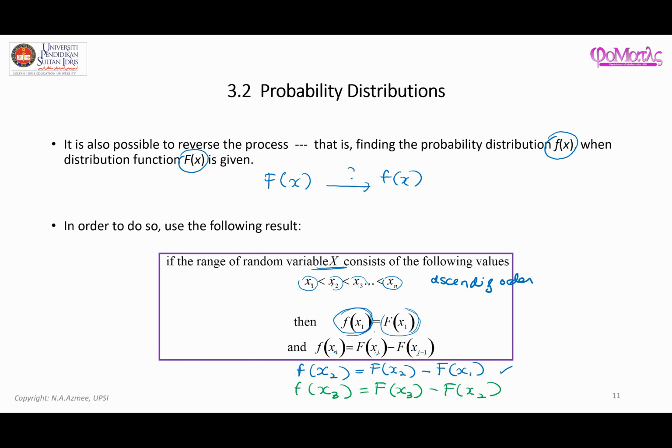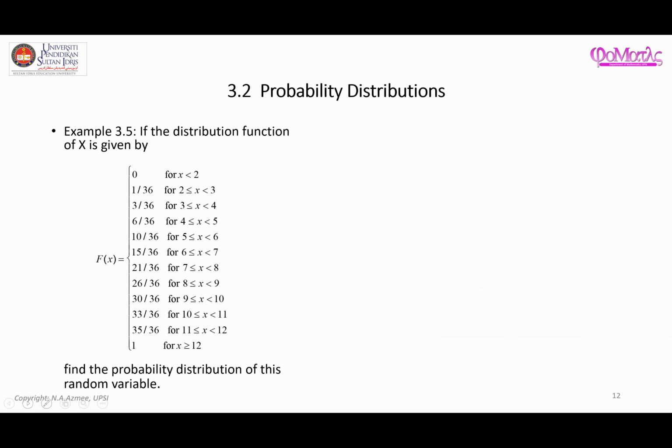Perhaps this statement is better illustrated if we look at an example. This is an example where you have a distribution function of x. Here we can see that this statement is similar to saying that the result is 0 when x is between negative infinity and 2.